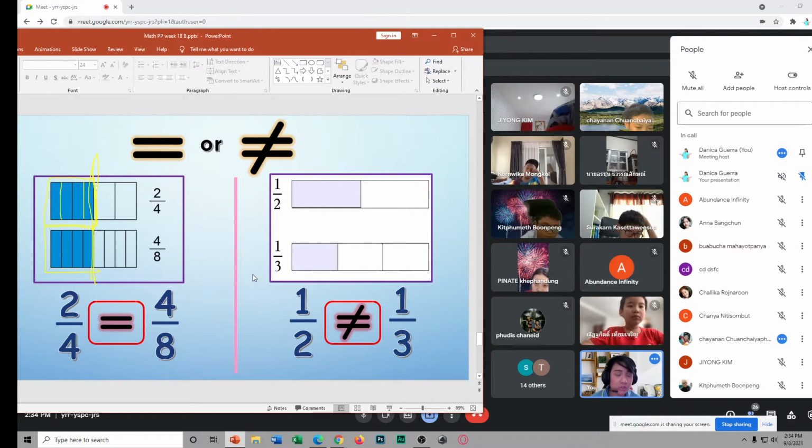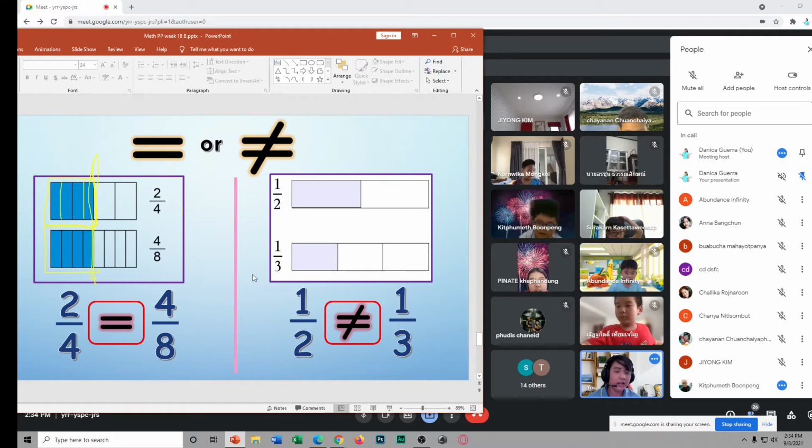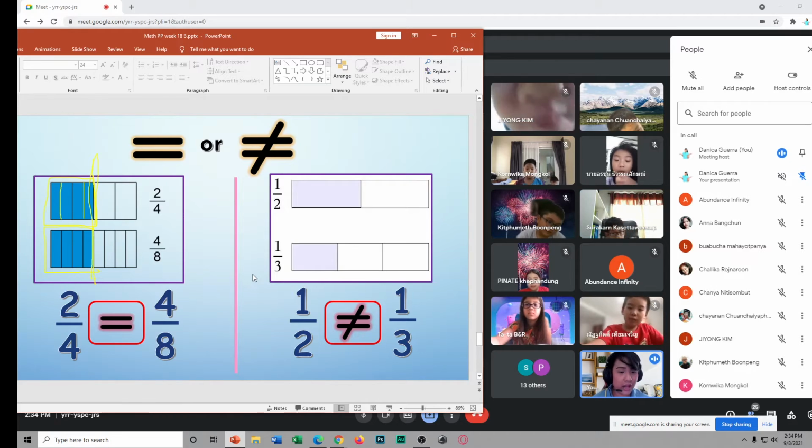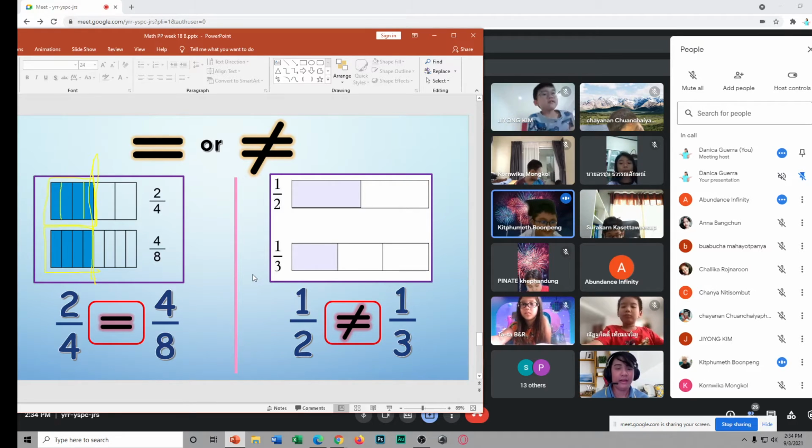Do they have the same chocolates? Equal. Yes, because Kit Pumet has 2 centimeter and Natakit has 2 centimeter. But the squares, the cut of the chocolate, are different. Do you understand? Okay.